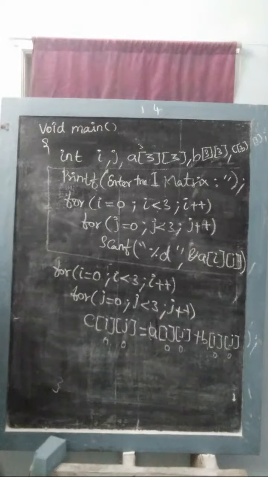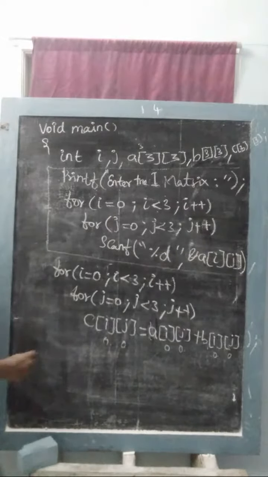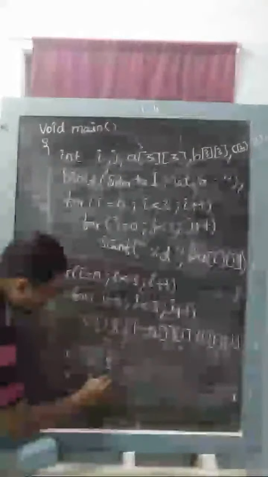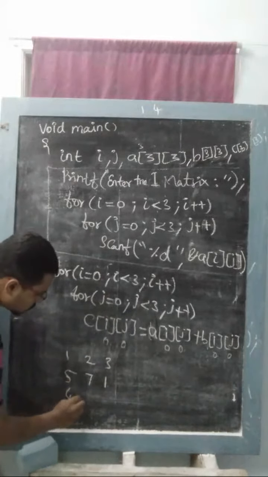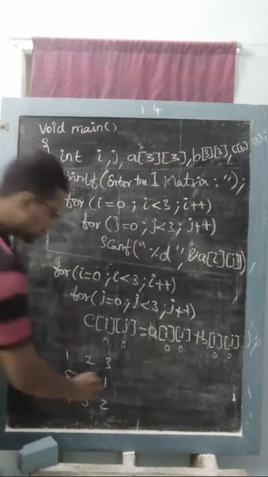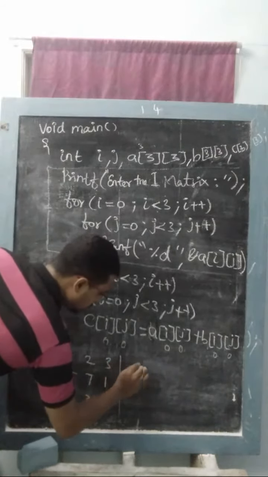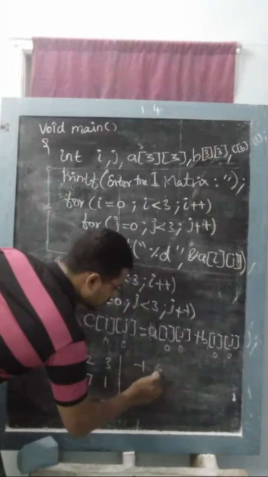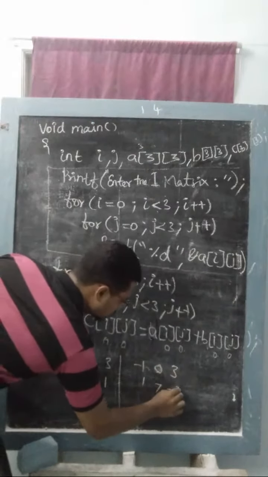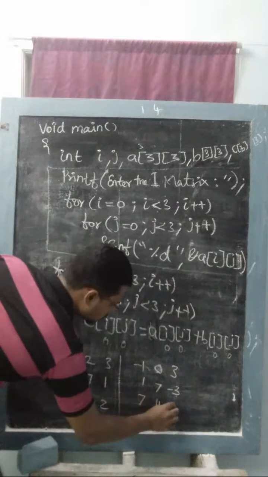For example, I will give a small example. The A matrix is 1 2 3 5 7 1 4 3 2. You just assume that. And the B matrix is minus 1 0 minus 1 0 3 1 7 minus 3 and 7 11 3.